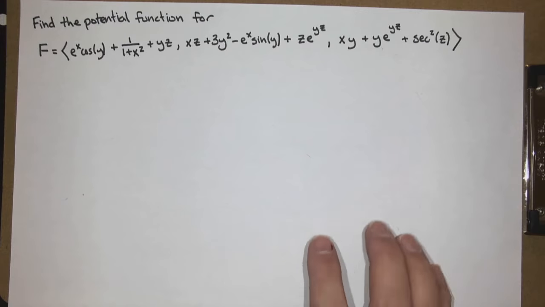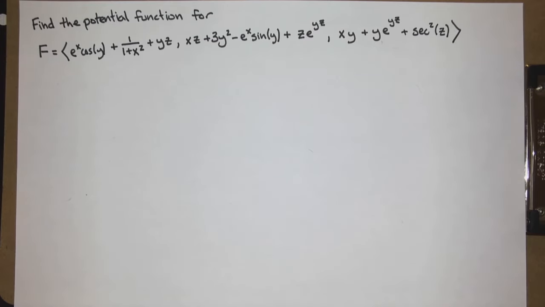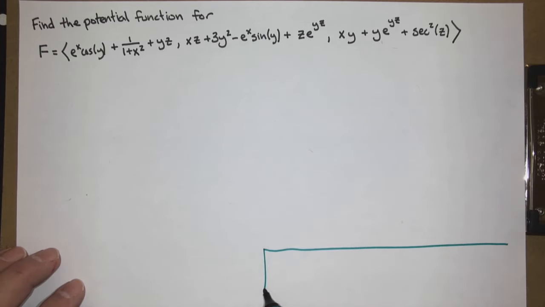All right. Find the potential function for this. Do we have pieces of a potential function we can put down in the corner? Oh, apparently our potential function will include an xyz. I heard. Any other pieces that we might have?